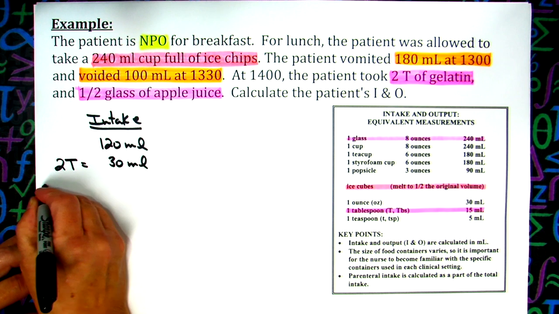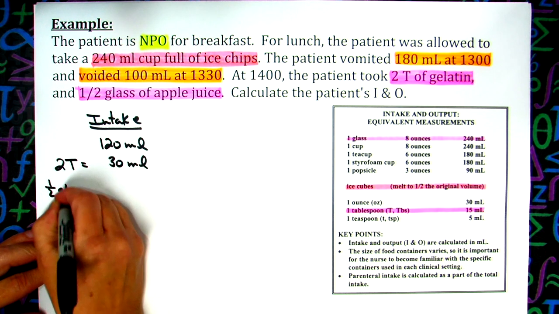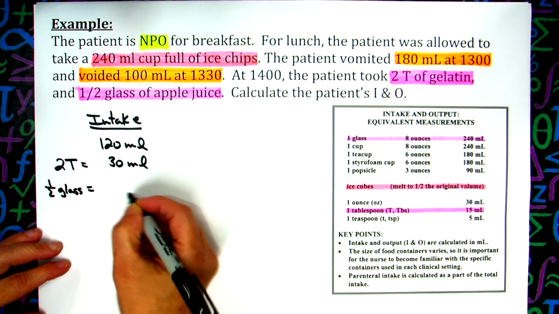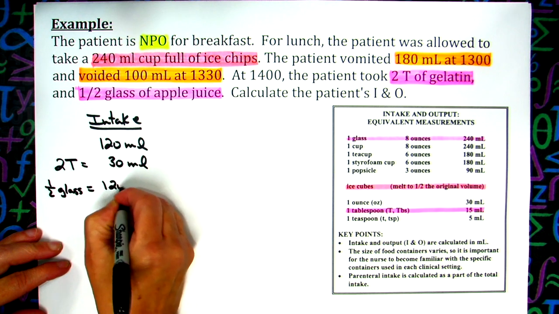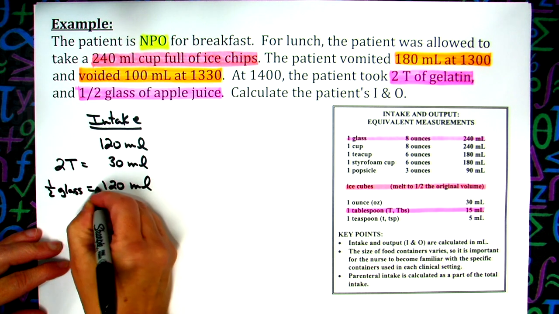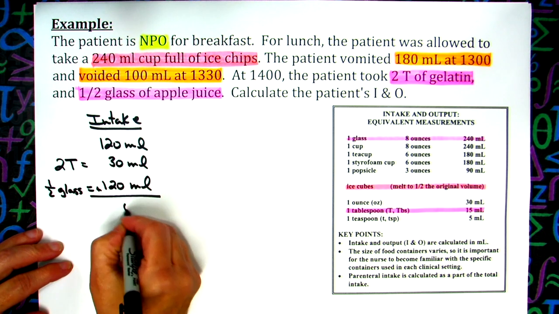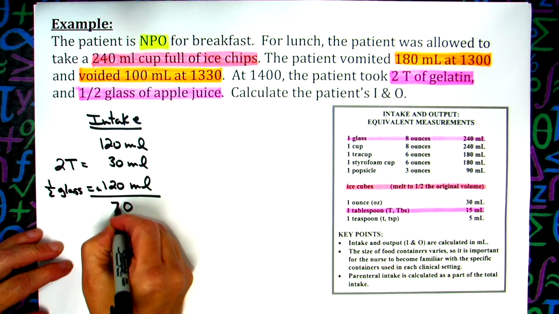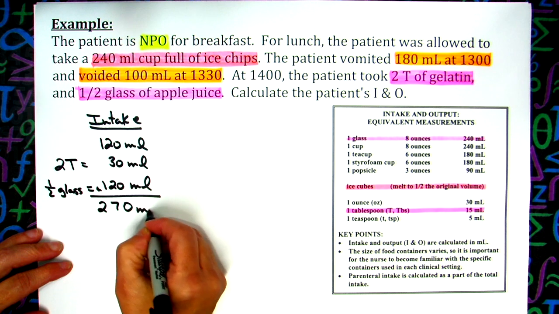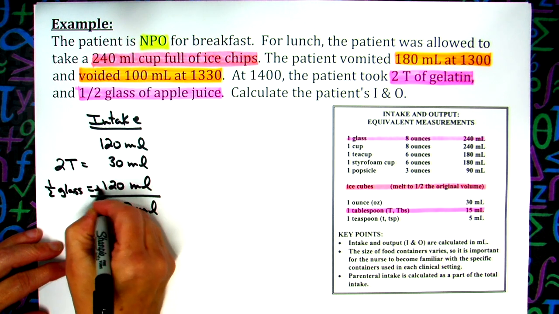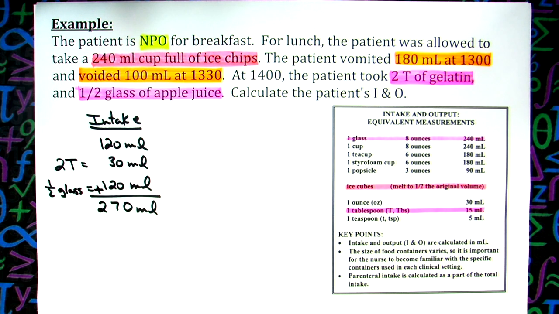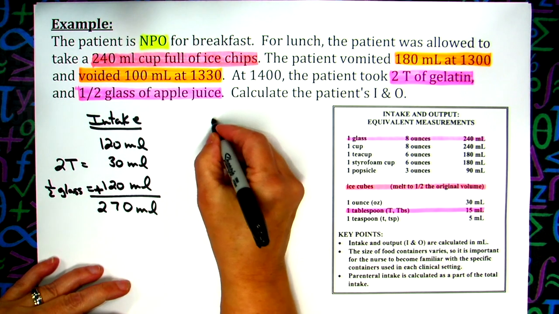I'm going to write down half glass, just so we remember that it was half glass where we got that number, and it's 120 milliliters. Okay, so add everything up. That's going to be a 0, a 7, and then a 2. So intake is 270 milliliters. Now we're going to work on the output.